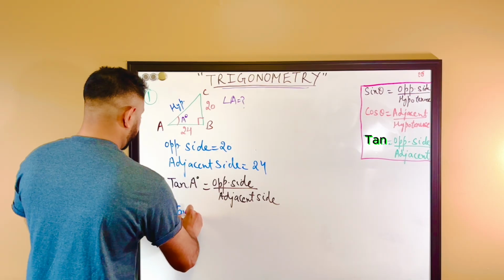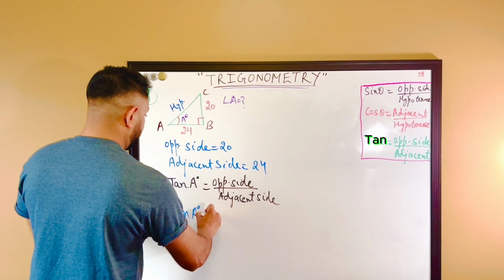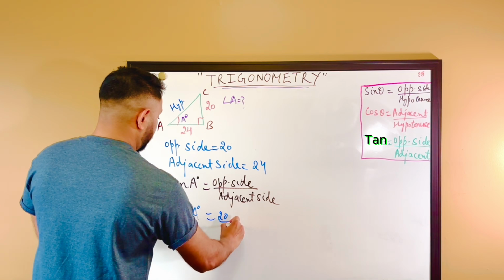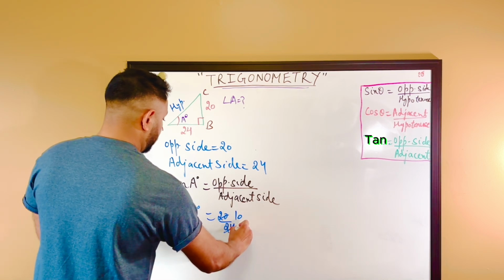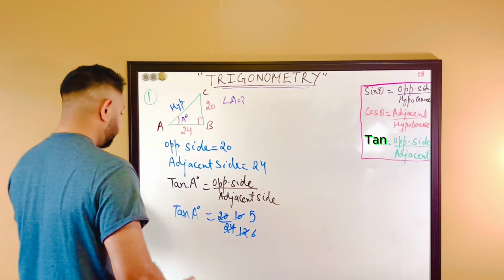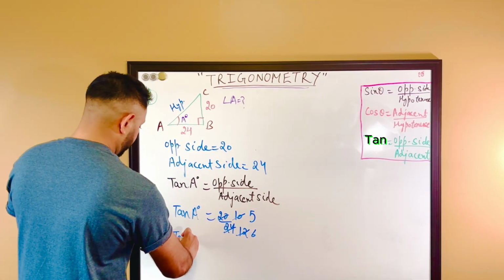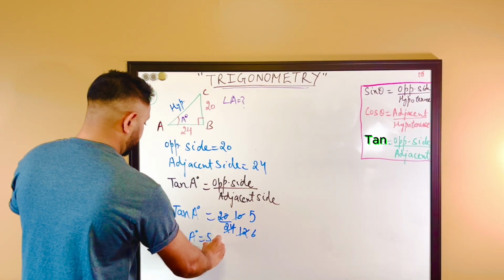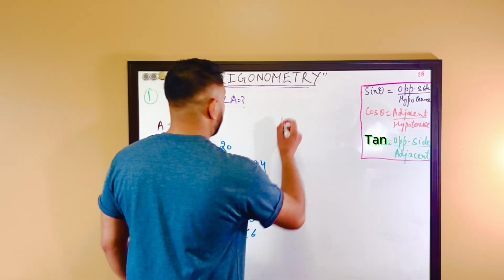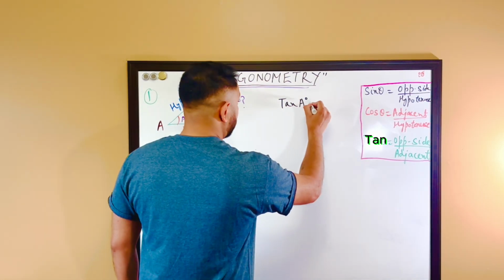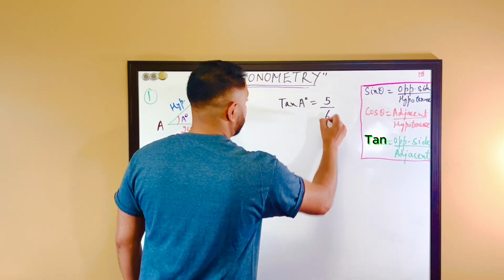So tan of angle A is equal to 20 over 24. So 5 by 6. Tan A degree is equal to 5 by 6.